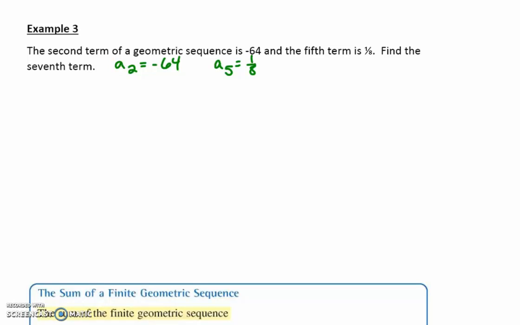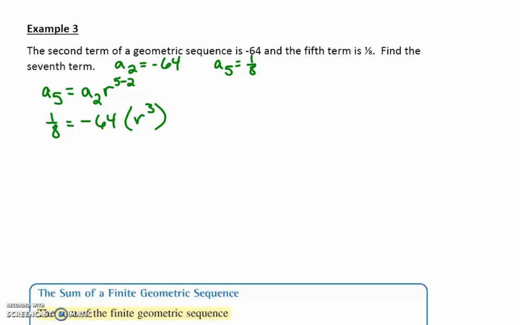We know that a sub 5 is going to equal a sub 2 times r to the 5 minus 2. So we can figure out what r cubed is going to be by using that. A sub 5 was 1/8, a sub 2 is -64, and then r to the 3rd.